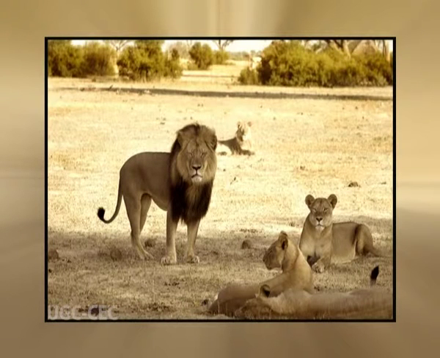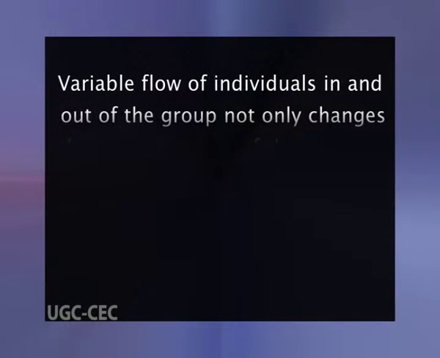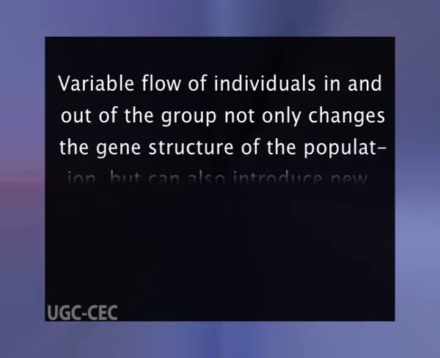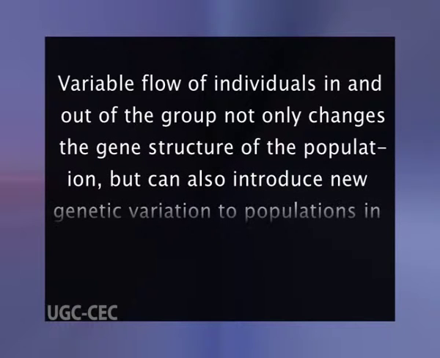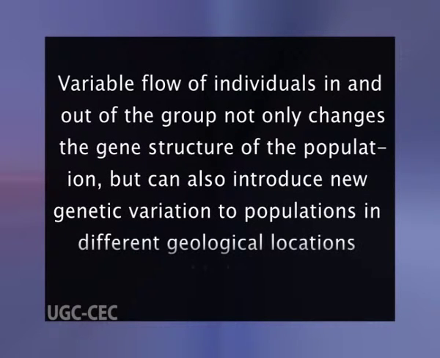Even a population that may initially appear to be stable, such as a pride of lions, can receive new genetic variation as developing males leave their mothers to form new prides with genetically unrelated females. This variable flow of individuals in and out of the group not only changes the gene structure of the population, but can also introduce new genetic variation to populations in different geological locations and habitats.